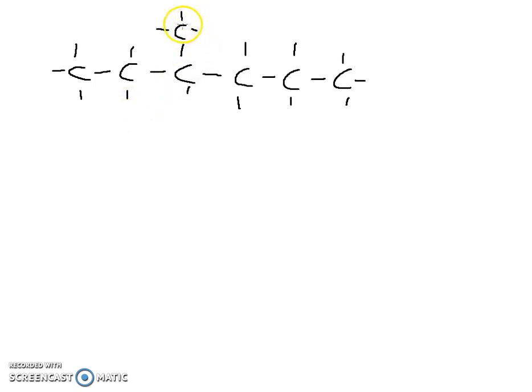For example, another chain could be 1, 2, 3, 4. That is still smaller than my 6 in a row here. Another way, the last way we could do this would be 1, 2, 3, 4, 5. So it's still not long enough in comparison to the 6.